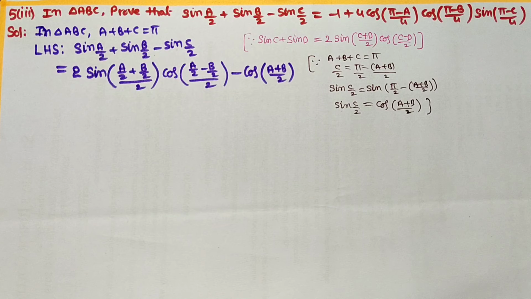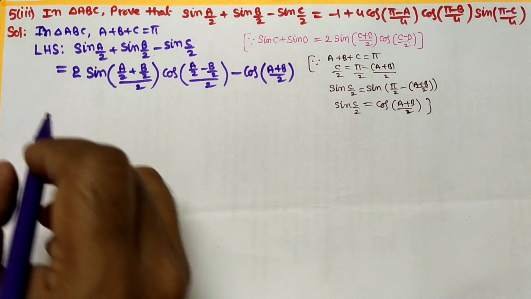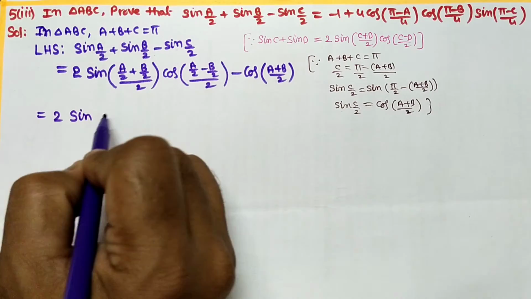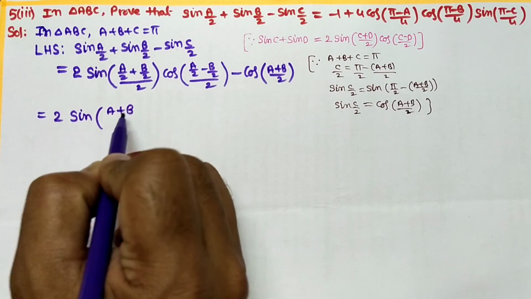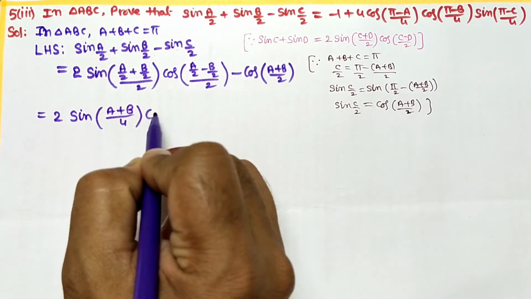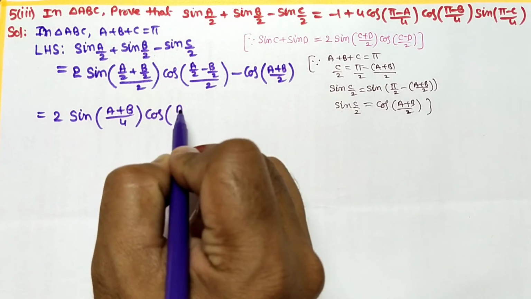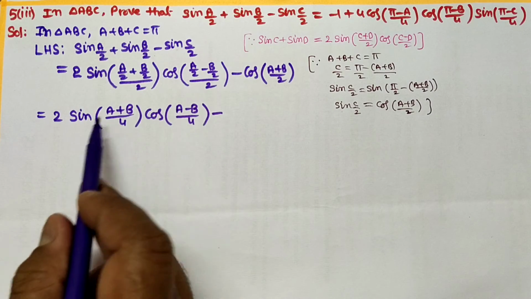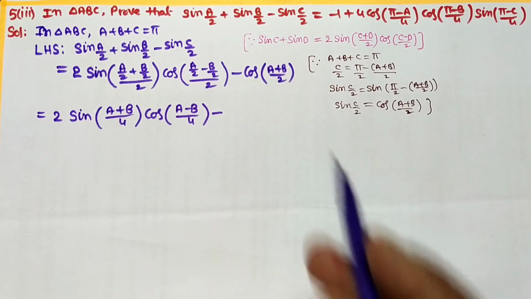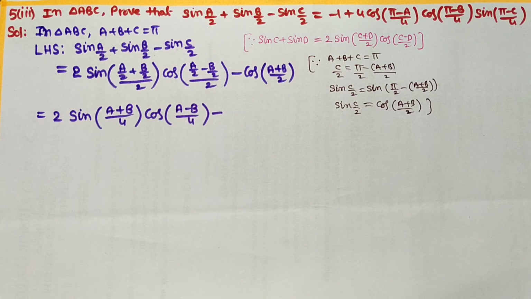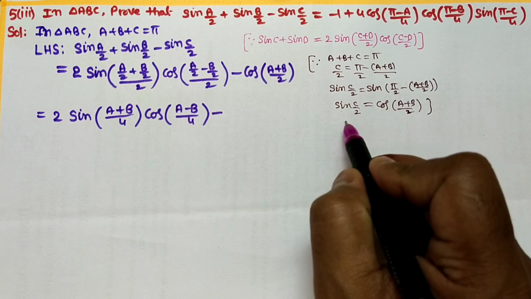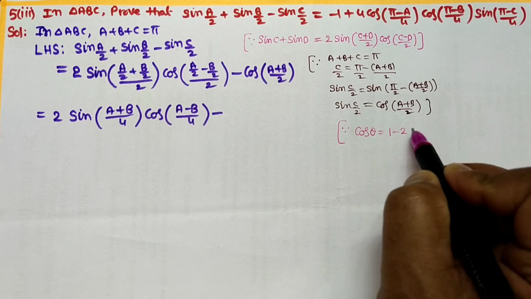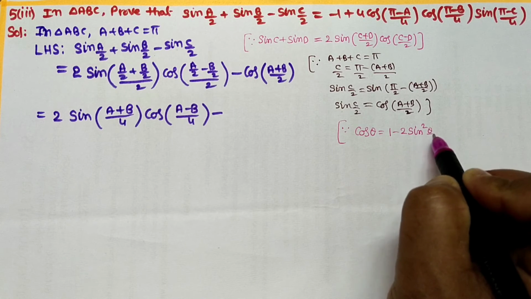So now after that we have, which is equal to 2 into sin of ((A plus B) by 2) by 2, that means (A plus B) by 4, cos of (A minus B) by 4, minus, here cos theta also we have to write in terms of sin. The formula is cos theta can be written as 1 minus 2 sin square theta by 2.